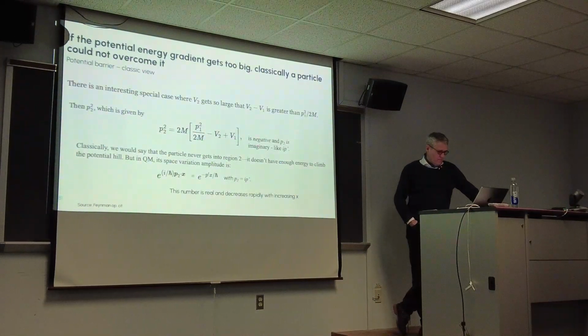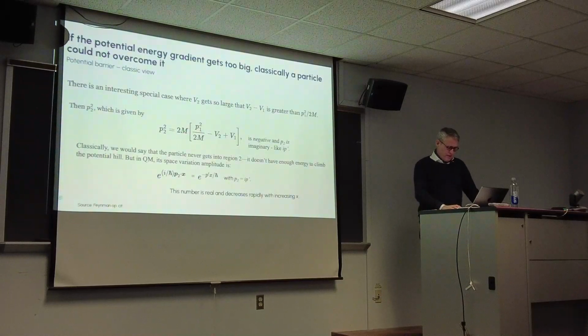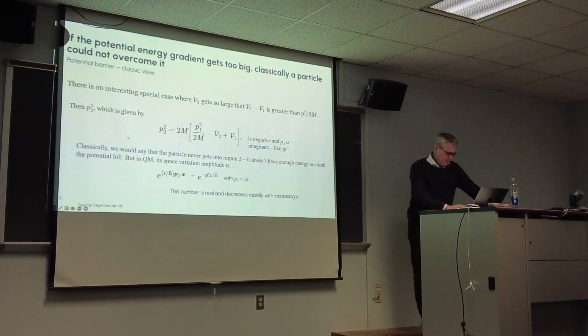So when the potential energy gradient between two regions is very high, and when V2 minus V1 is greater than p1 squared divided by 2m, then we have the following.